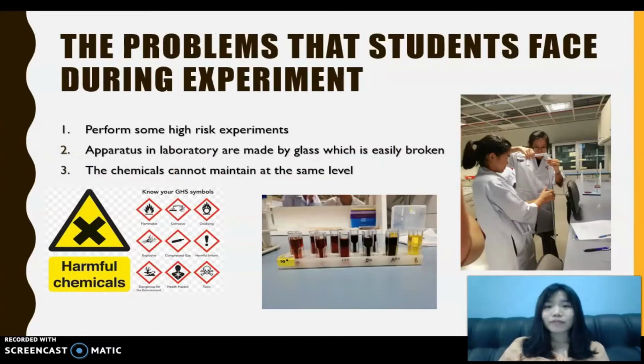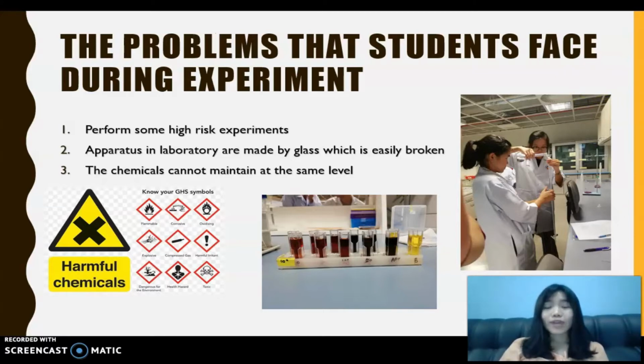However, students may face a lot of problems during hands-on experiments. The first problem is performing high-risk experiments, because many organic and inorganic chemicals are corrosive to our body, our skin, and our eyes, and will release toxic chemicals such as ammonia and nitrogen dioxide.